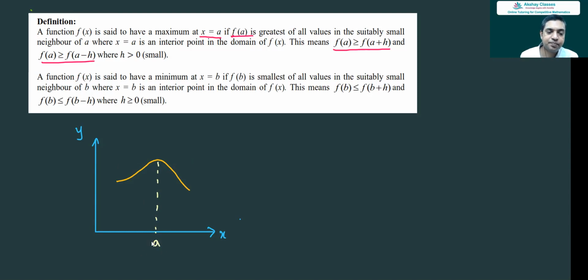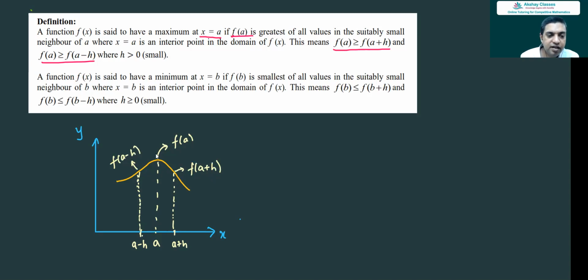This is a, and this is a minus h, and this is a plus h, and we can keep changing the values of h. h is a very small positive quantity. So this is f of a is greater than f of a plus h, all right, and f of a is greater than f of a minus h.